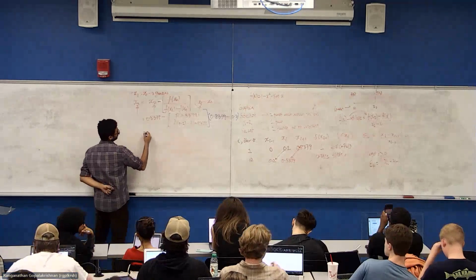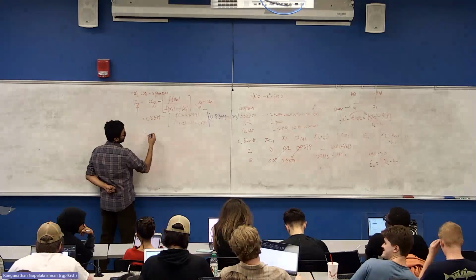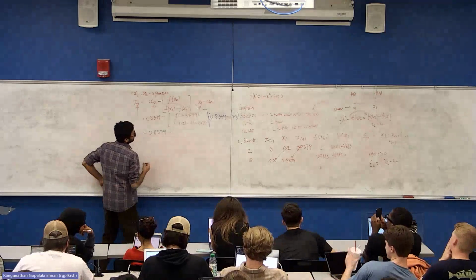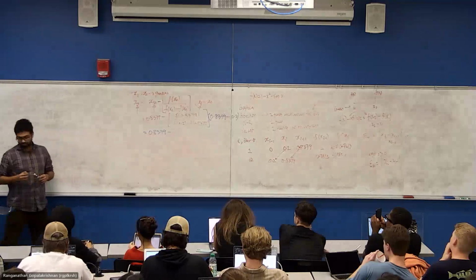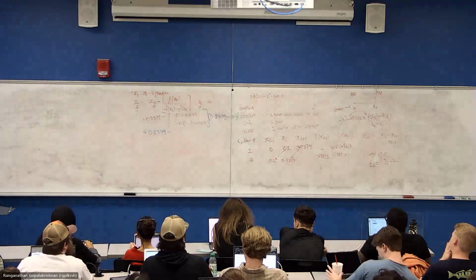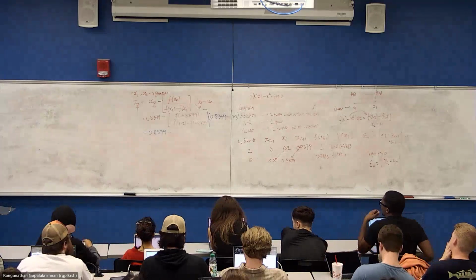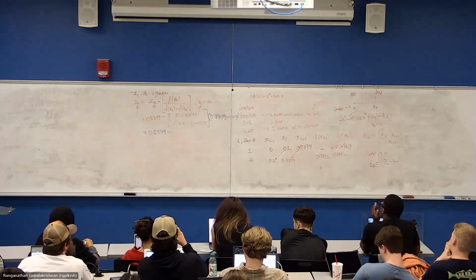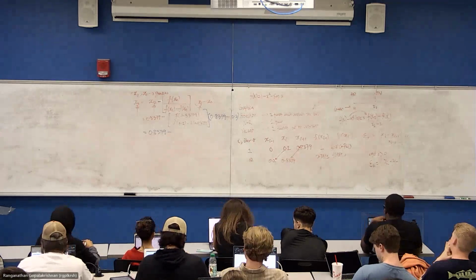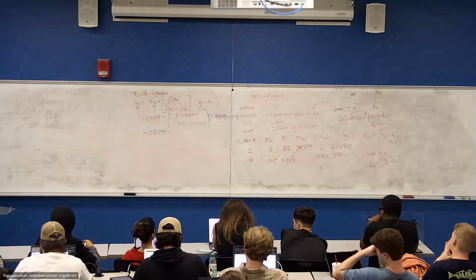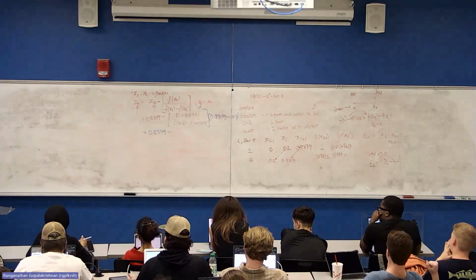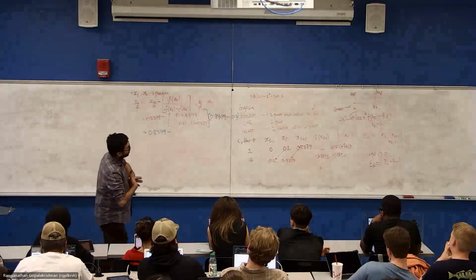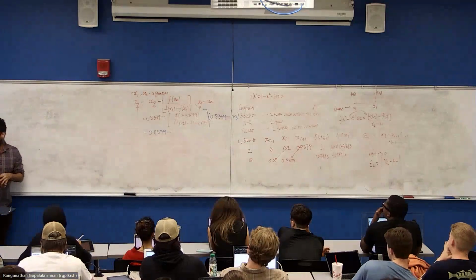Okay, so can I get these values? 0.8379 minus, so what were the initial guesses? 0 and 0.2.